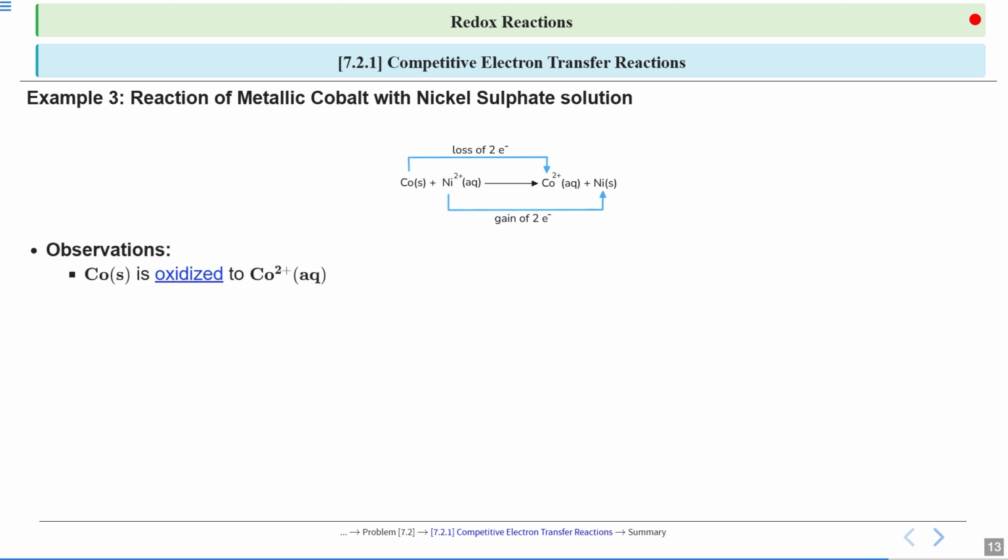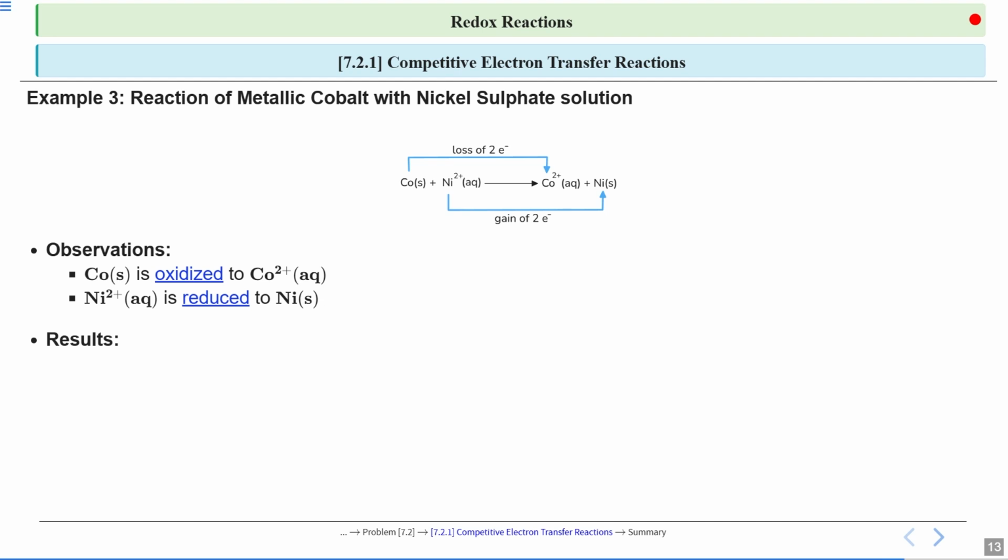So cobalt, which is present in solid state, has been oxidized to Co2+, which is now present in aqueous state. And the Ni2+, which was present in the aqueous state, has now been reduced to nickel, which is present in solid state.